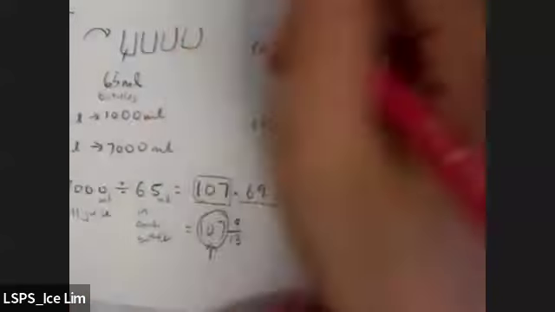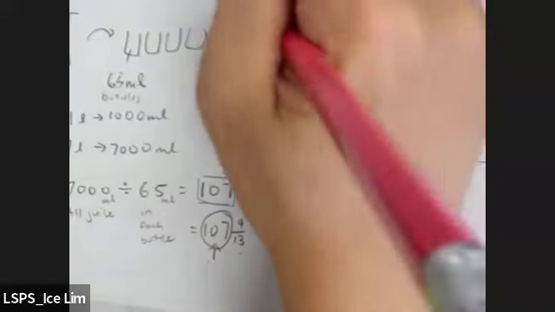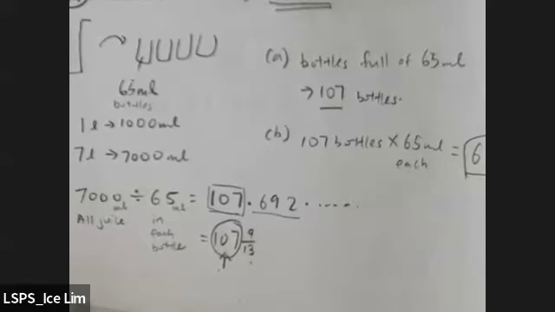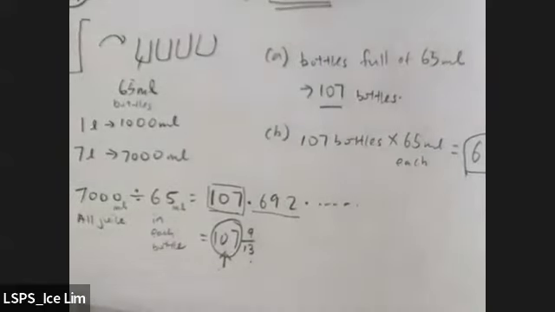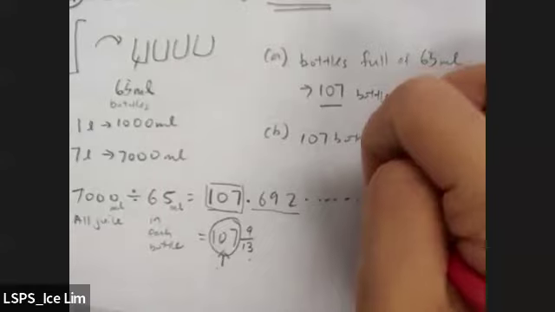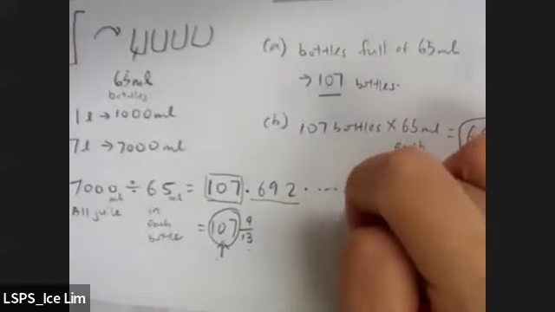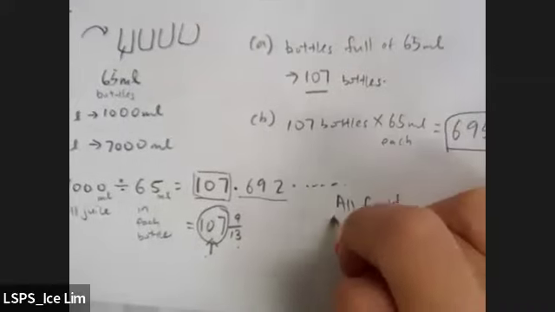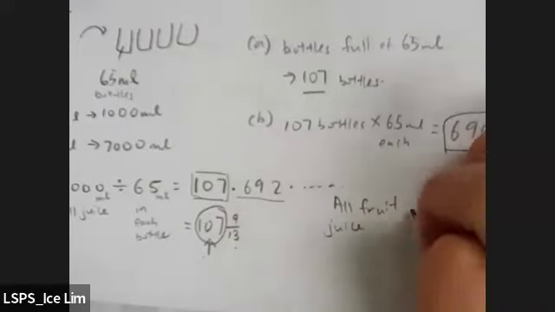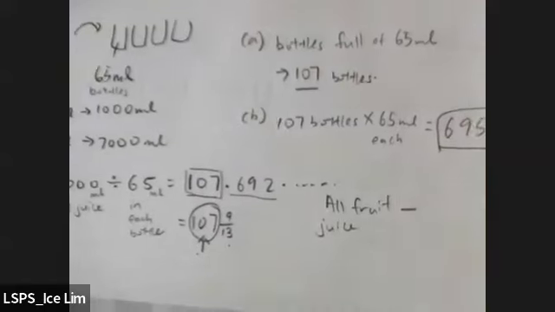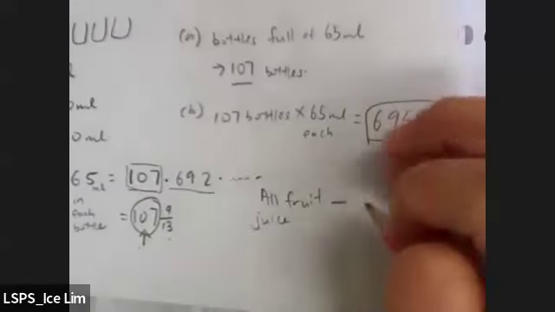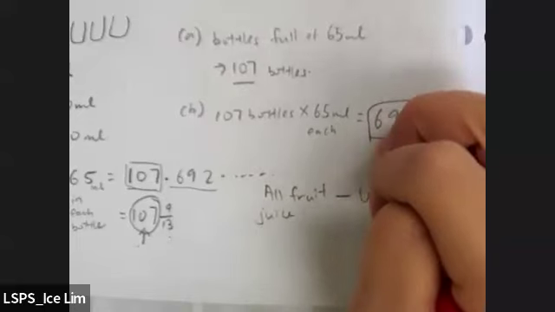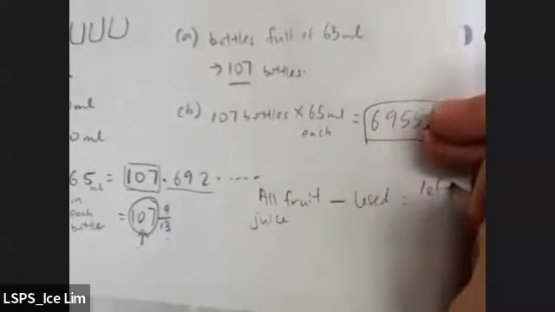So, to find out the juice that's left over, that didn't get into the bottles, what do I do? Yes, I'll take the actual amount of fruit juice, I minus what's actually used, and I will get the leftover remainder.